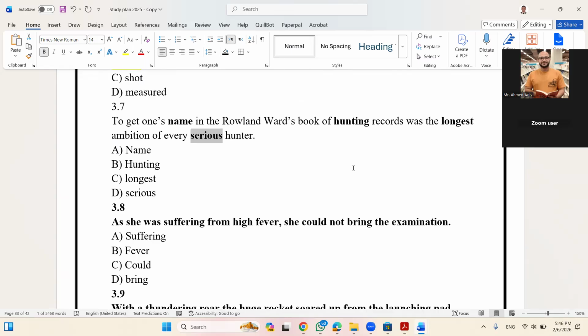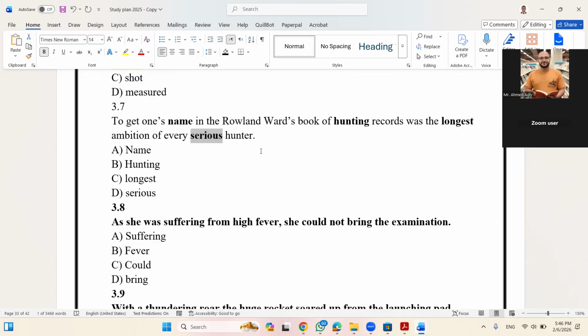Longest, perfect. Do we say longest ambition? No. Do you say, for example, that going to university and studying medicine is my longest ambition? We don't usually say longest ambition. We usually say my highest ambition.